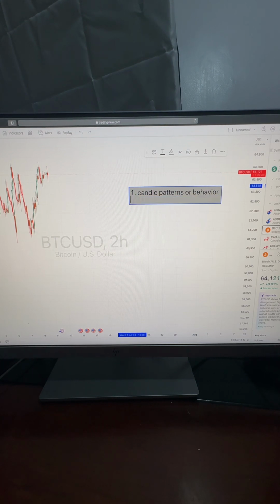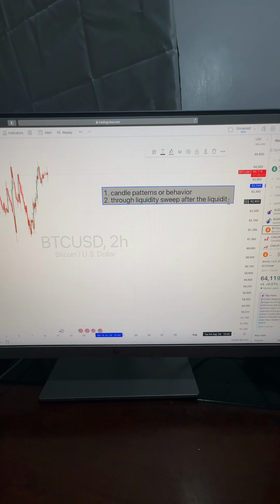Another thing you can confirm the entry level through is what we call a liquidity sweep. After the liquidity sweep, you should be entering that particular market.